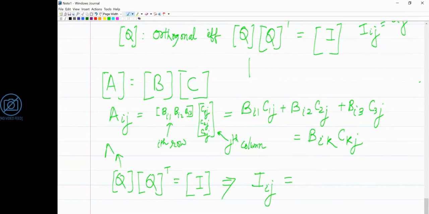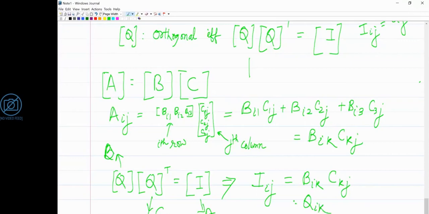So I is the resulting matrix, so I is like your A here. This is your B, this is your C, and that's your A. Apply the above formula. So it says Iij is equal to Bik into Ckj, right?